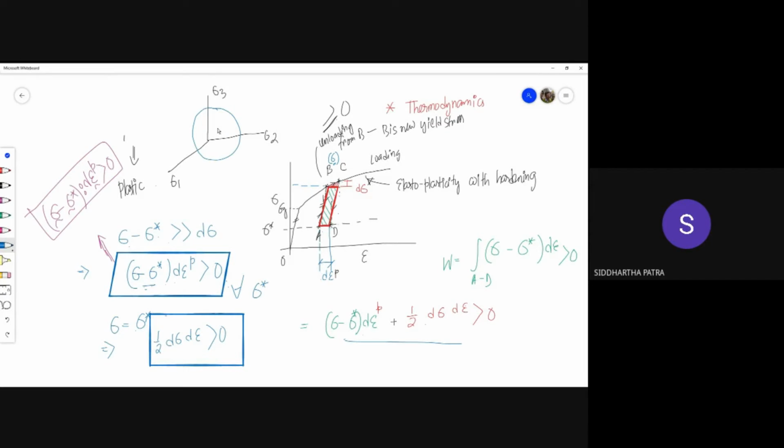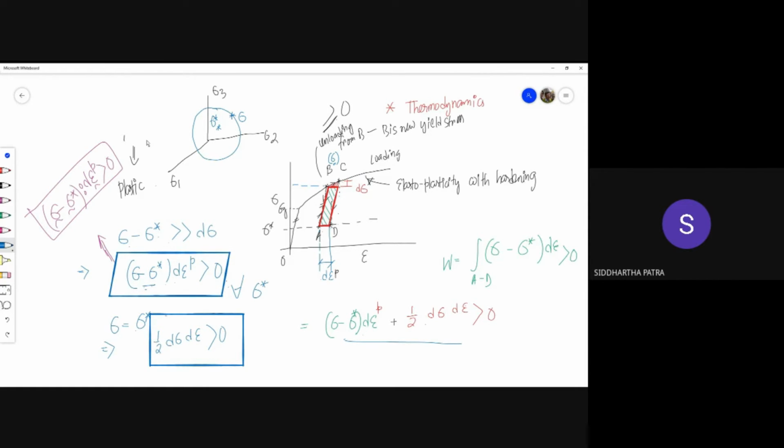You are talking about a stress sigma star which is well within the domain of elasticity, basically inside of the yield surface, and there you have your current stress, or let's say the point B from which you started unloading and reloading.